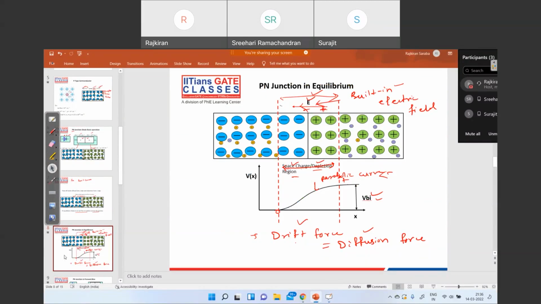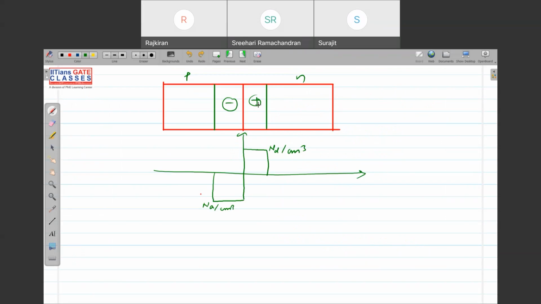In the neutral region, all the positive charge is cancelled by electrons; the number of positive charges equals the number of electrons that were donated. Similarly, in the P side, the number of negative charges equals the number of holes. So in the neutral region, there is no net charge. I have net charge only in the depletion region. Clear?